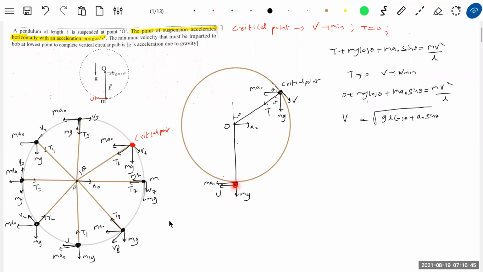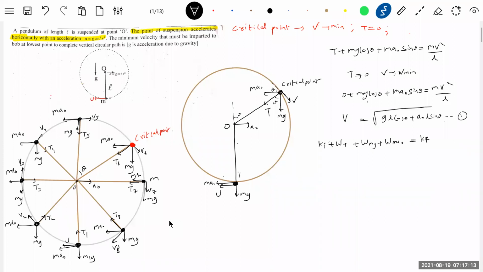I'll apply the work-energy theorem between the lowest point and the critical point. Call the previous equation 1. Initial kinetic energy plus work done by tension, work done by weight, and work done by pseudo force equals final kinetic energy.